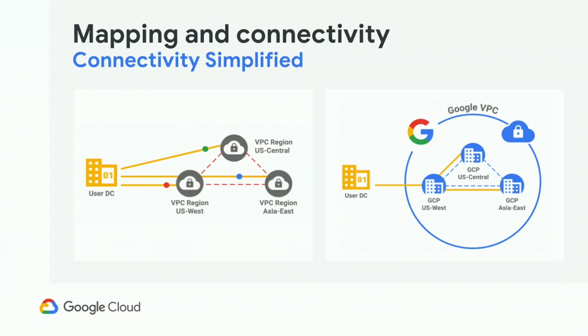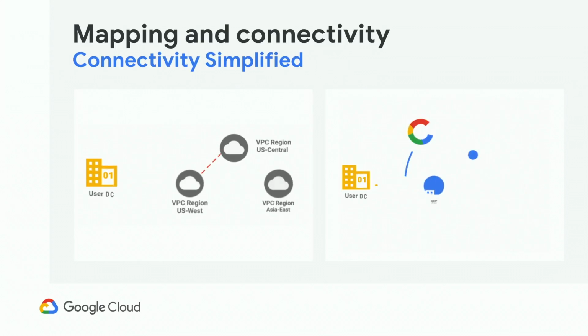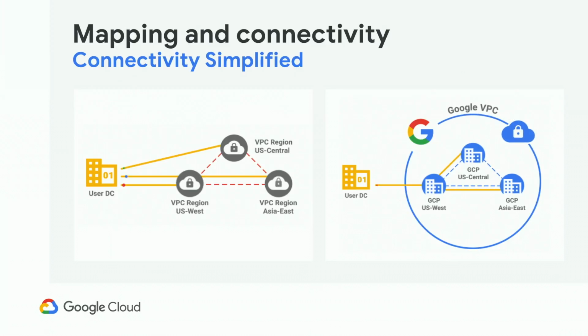Cloud architects can create a single global or regional production shared VPC network within GCP and then create production projects to isolate and organize their resources and their teams. They can map their organizations appropriately.